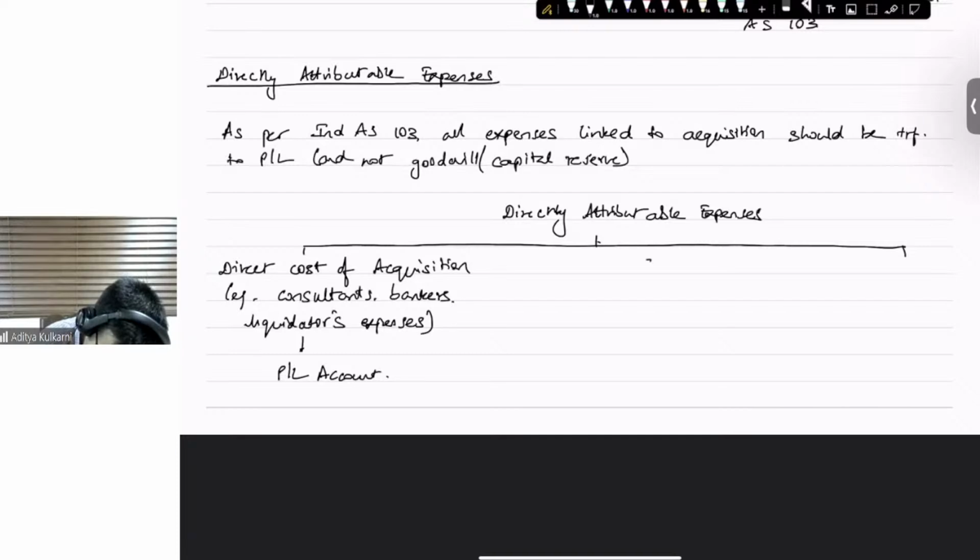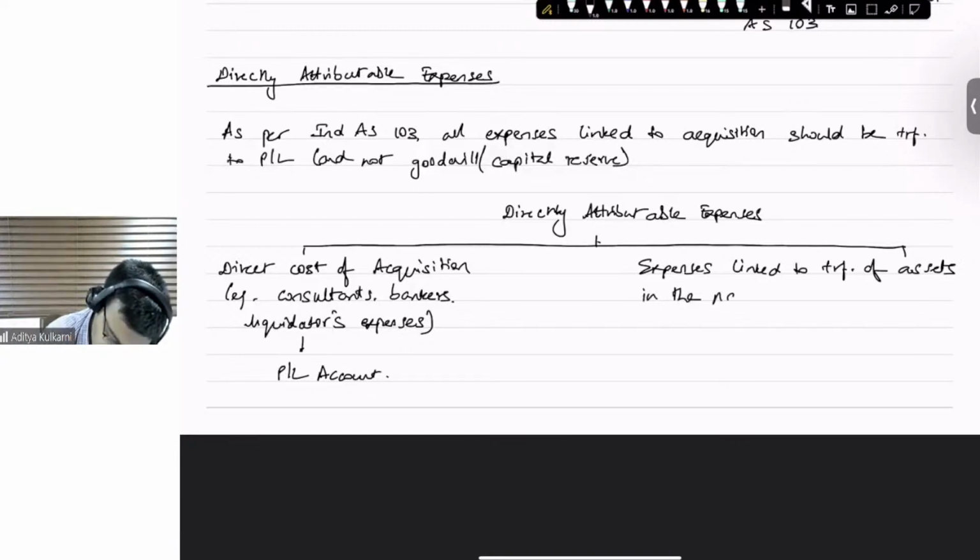The other case would be expenses linked to transfer of assets in the name of the acquirer.